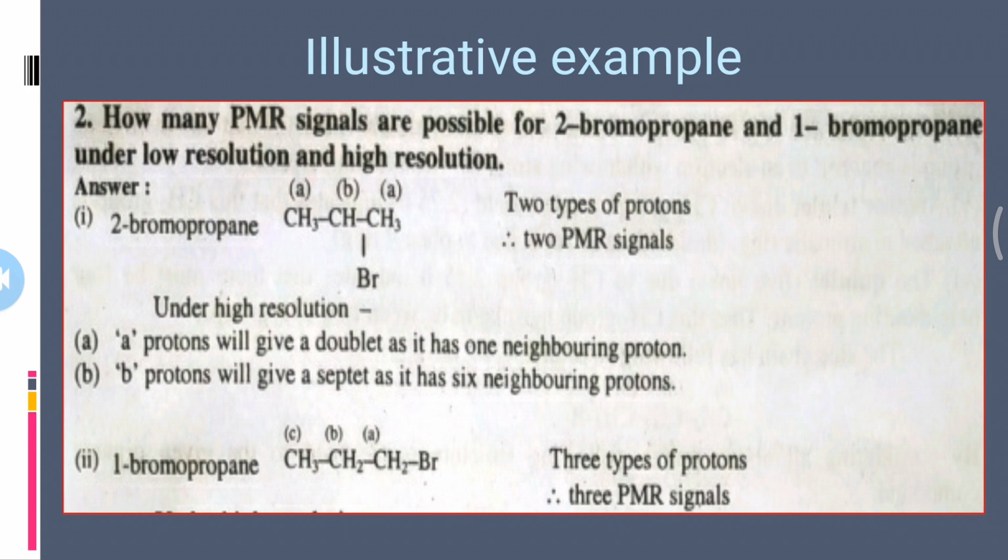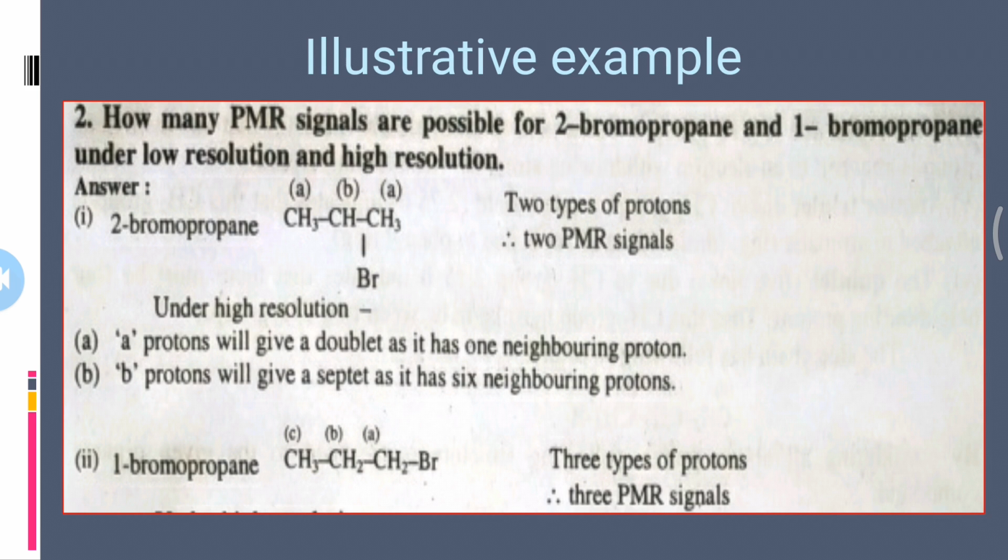Similarly, 1-bromopropane under low resolution gives 3 signals. But in high resolution, 1-bromopropane gives A split into a triplet, B split into a sextet, and C split into a triplet. A has two neighboring protons, so it splits into a triplet.